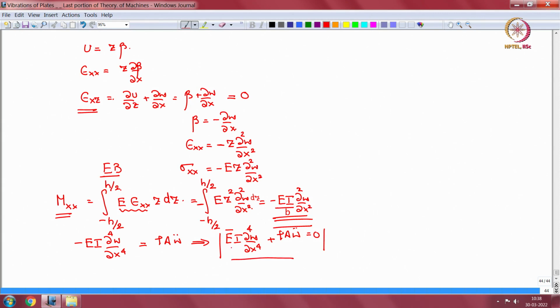This I is b h cube by 12 and this A is b h, the area of the cross section.